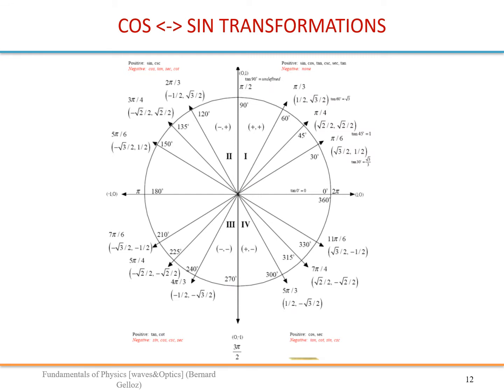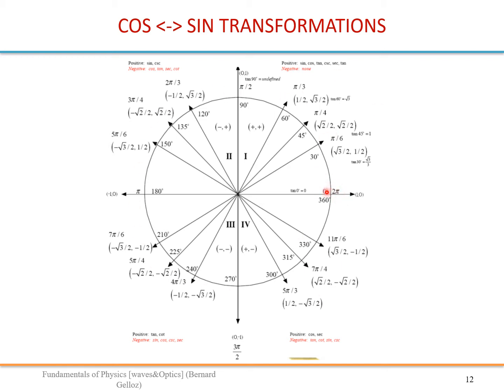Alright, so let's play a little with angles and the cosine and sine functions, because in oscillations and waves you often have to work with cosines and sines, and to change from a sine to a cosine, etc. So let's look at this unit circle.